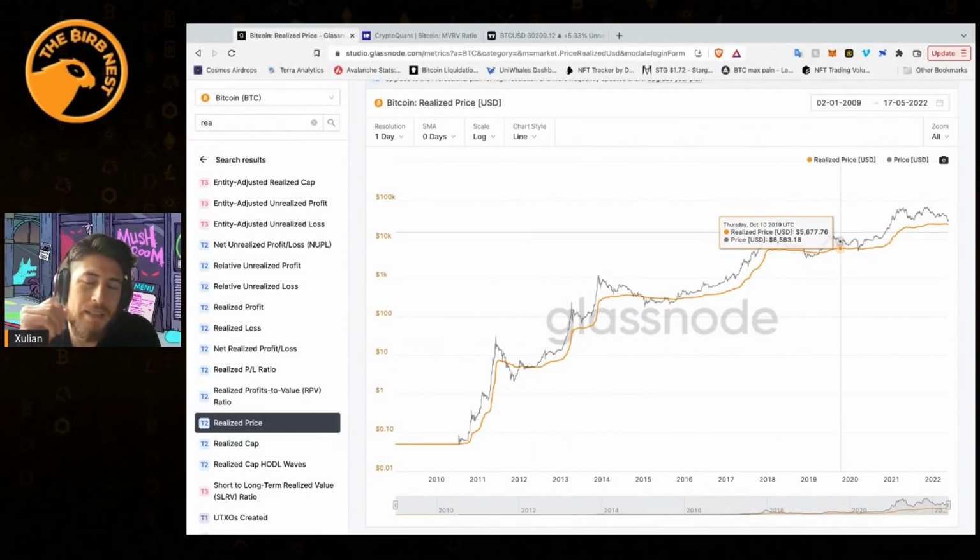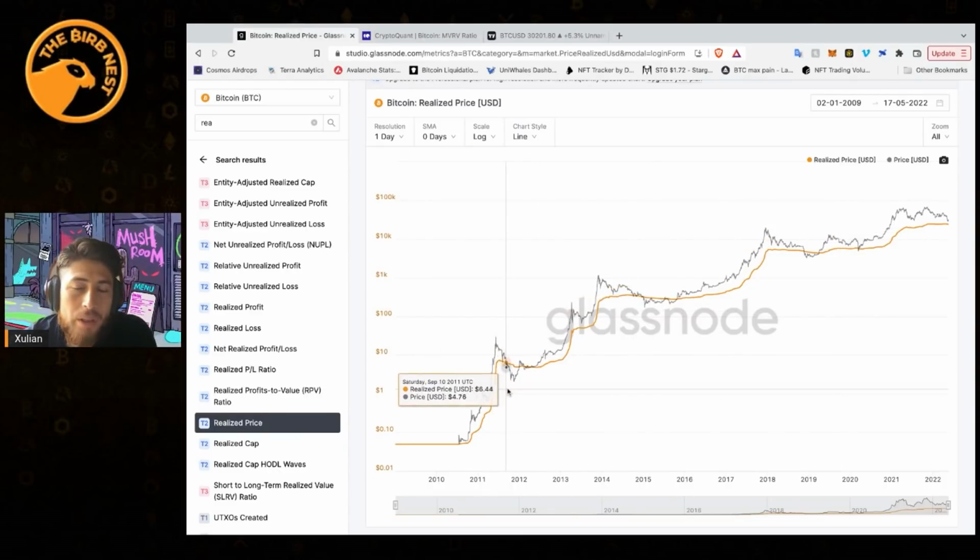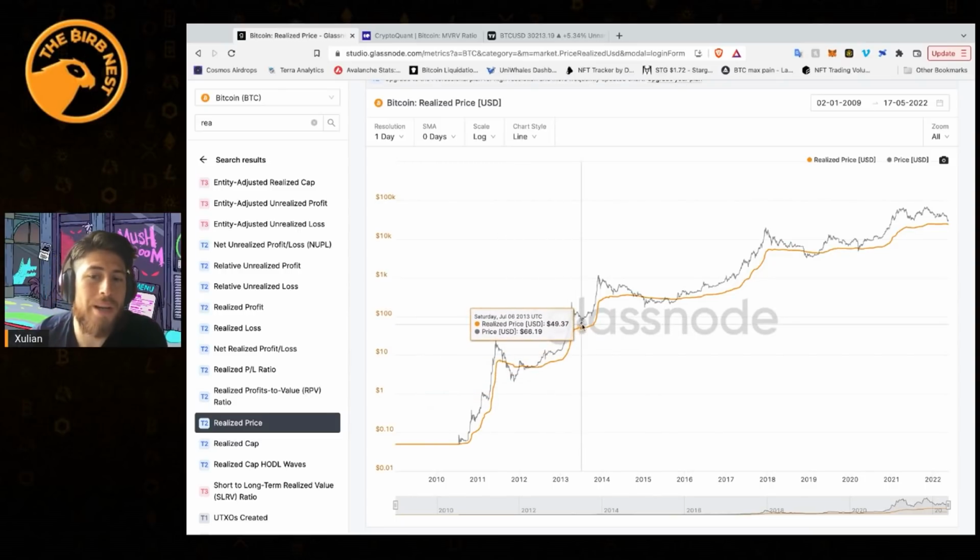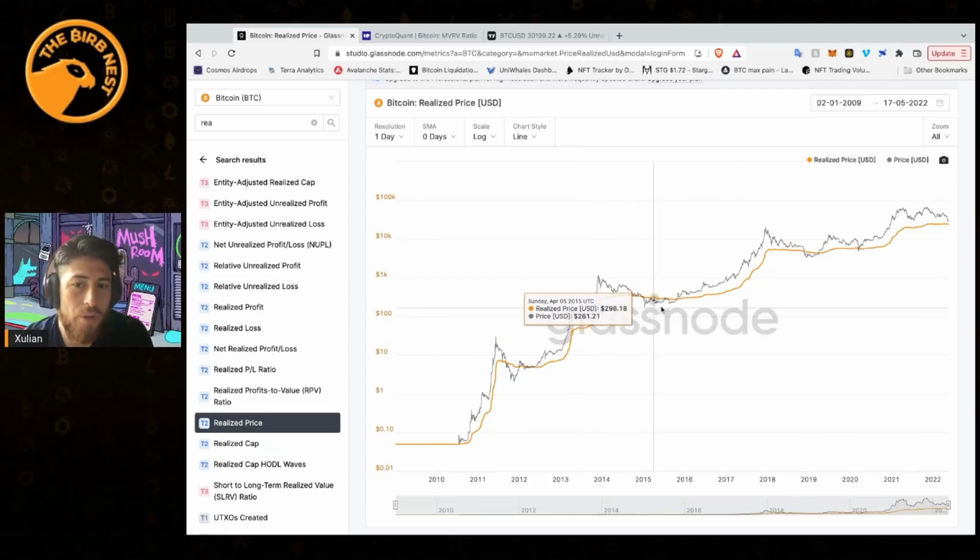The realized price is essentially like a moving average for the average price that Bitcoin has been transacted at for the whole history. So for its whole history, the average price that Bitcoin has been sold or traded at. So we can see that whenever Bitcoin trades below that average price, it's bear market. It's deep in the bear market already, and essentially Bitcoin is being sold too cheap.